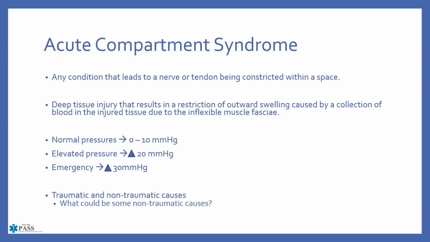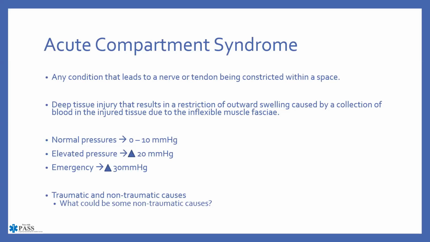Under normal conditions, if we were to measure the pressures inside one of your extremities, it should be 0 really, but it may be up to 10. An elevated pressure is anything over 20 millimeters of mercury. And if it's over 30, that is an emergent situation, in which case they'll probably do a fasciotomy to open that up and start to relieve some of those pressures.